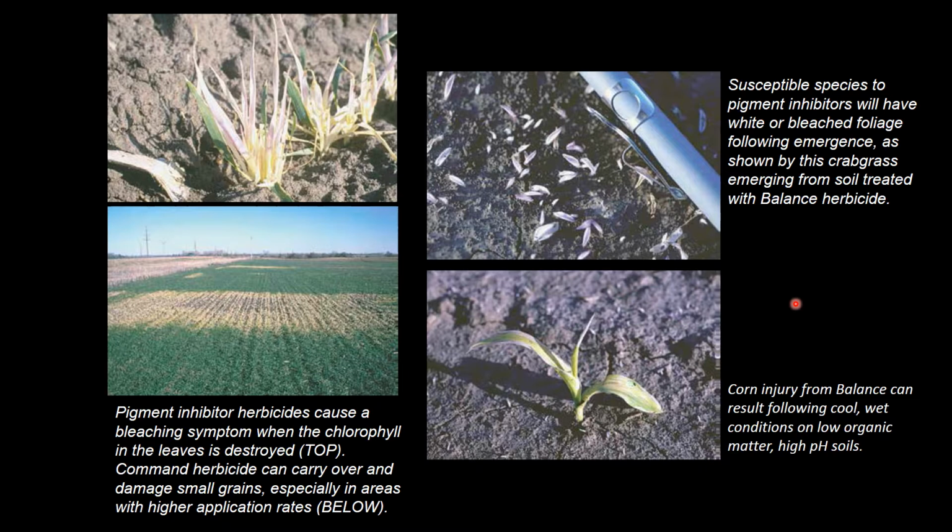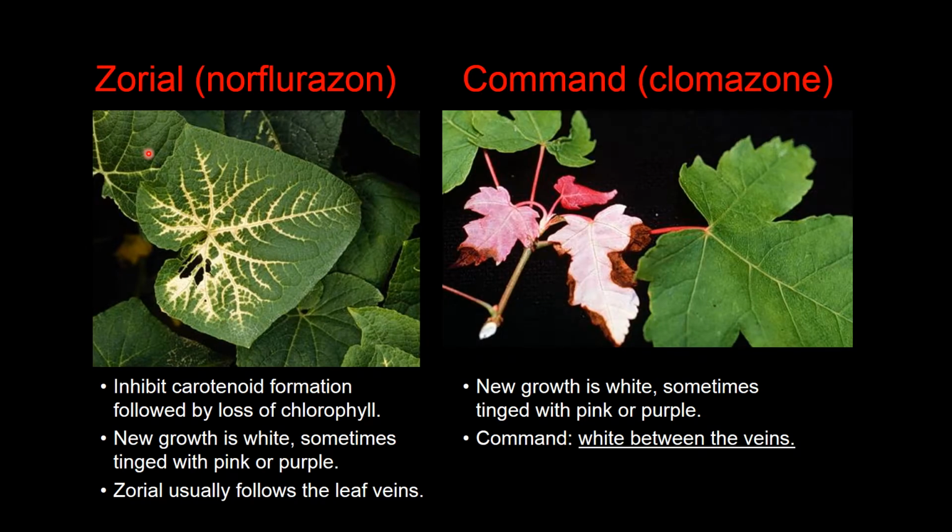Injury symptoms are expressed as white to translucent foliage, as I already talked about in the previous slide. Take some time and look at these symptoms and this information. These are some other symptoms or injuries. This is the common name, Zorial and Command, and then this is norflurazon, and clomazone is the active ingredient.